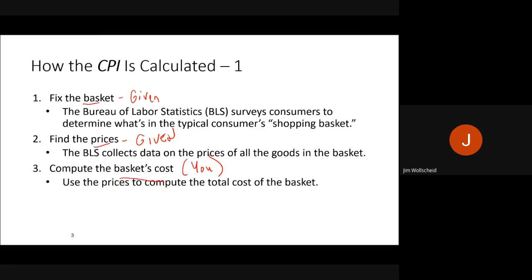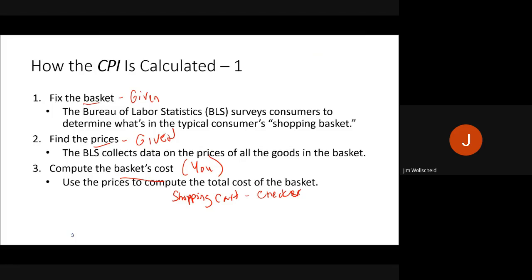Well, how do I find the basket cost? It's just like a shopping cart. I told you what's in the shopping cart. I told you what the prices are. You're the checker. You tell me what the prices come out to be.